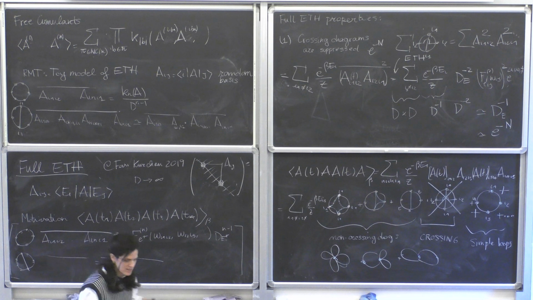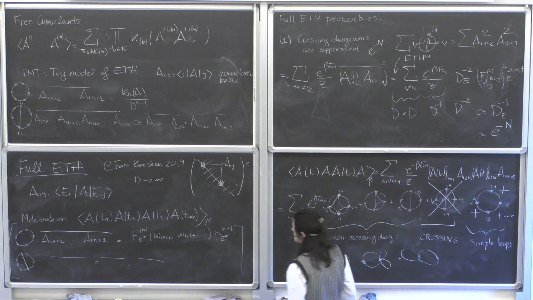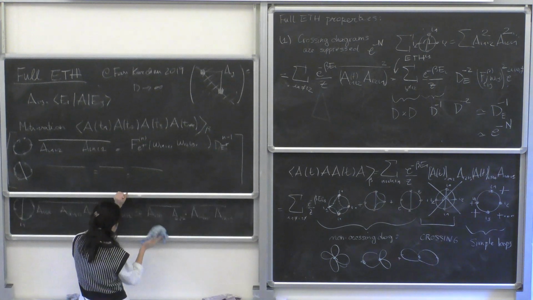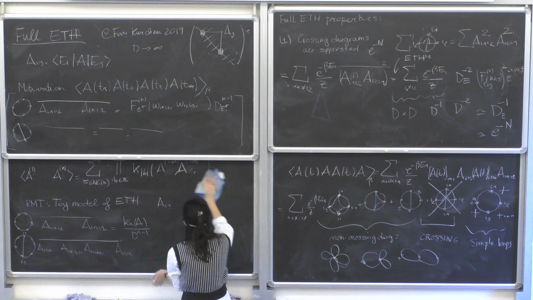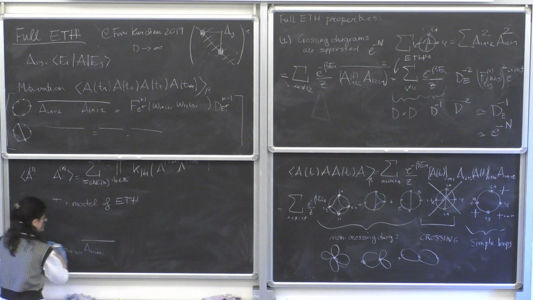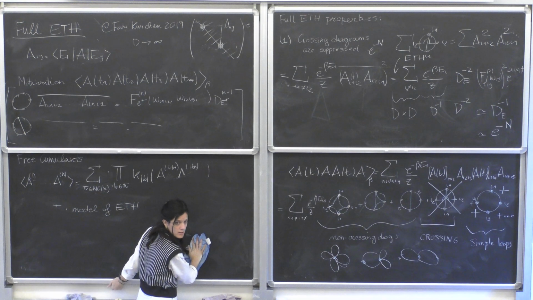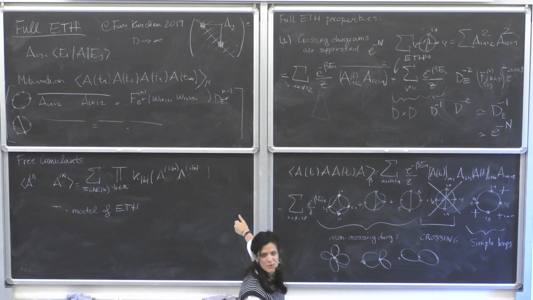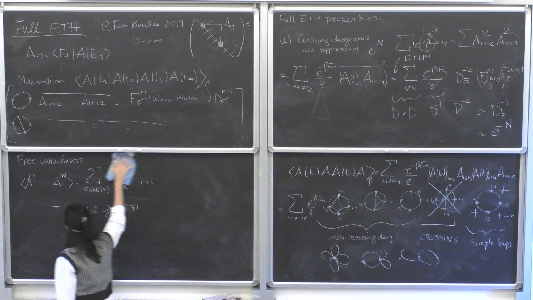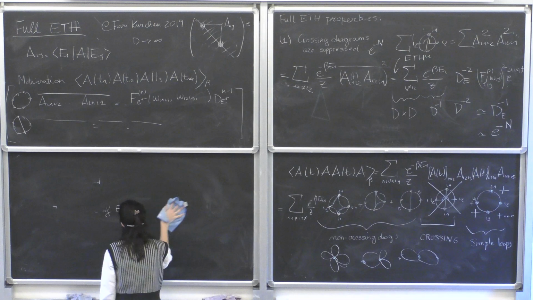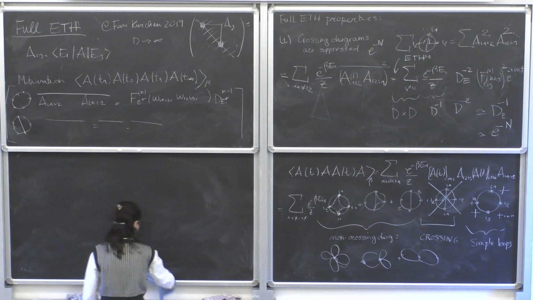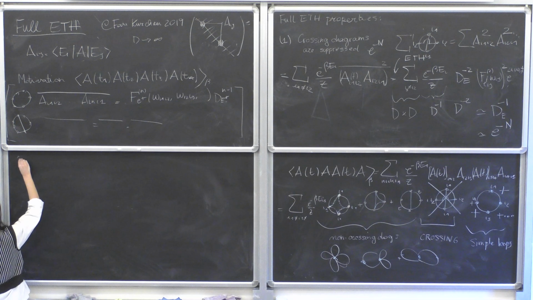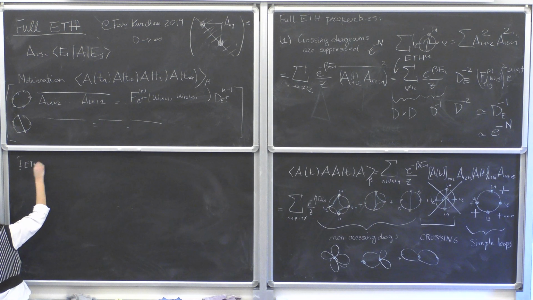So let's do the second property. Maybe it convinces you. Yeah, now I will do it. So let's do the full ETH property 2.